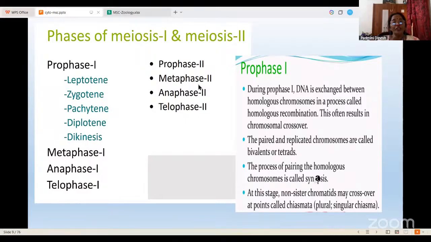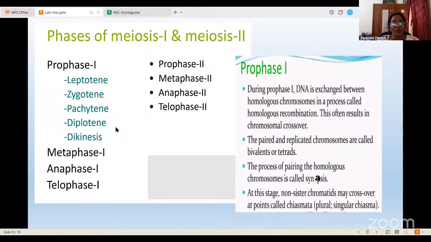Now, when you're talking about meiosis 1, the prophase stage is again divided into leptotene, zygotene, pachytene, diplotene, diakinesis. I'm sure you must have done all this in your practicals, but nevertheless, because we have this in the theory, I'll just go through what is important from this point of view.